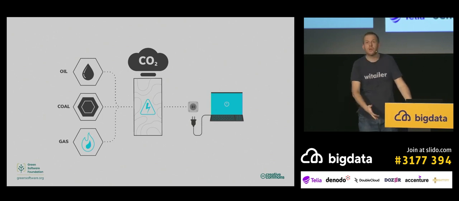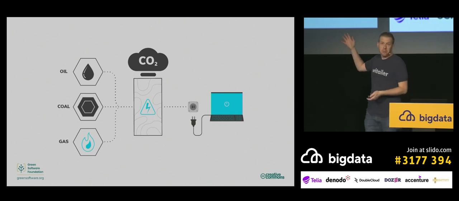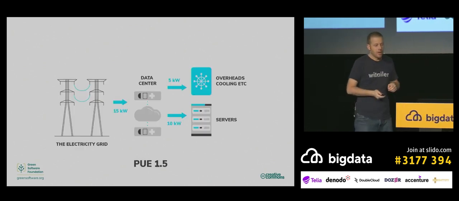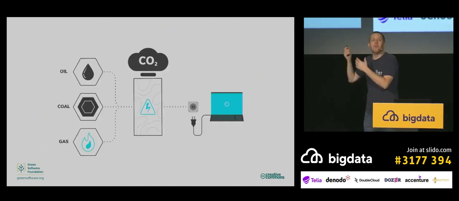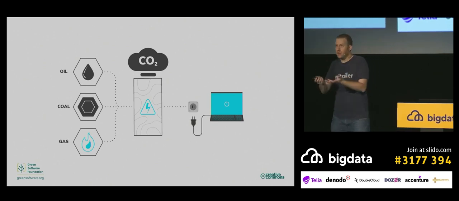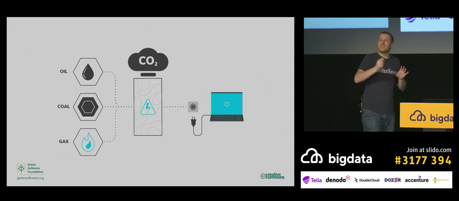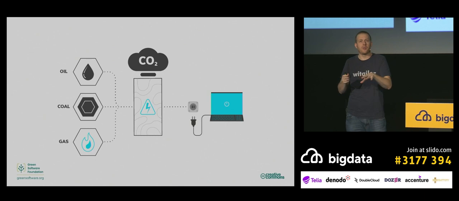It seems really clean, but the energy produced here comes mostly from oil, coal, and gas. We produce energy by burning those materials, and burning them produces CO2. That is not the only danger at this time.